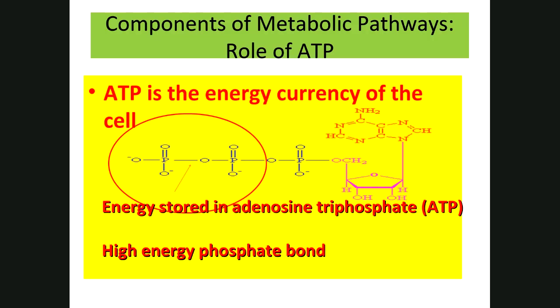All right, so there's the structure of ATP. Again, it's just a nucleotide, an adenosine triphosphate, and the last two phosphates are surrounded by negative charges, which make them very unstable, especially that last one, so that these bonds are easily broken.